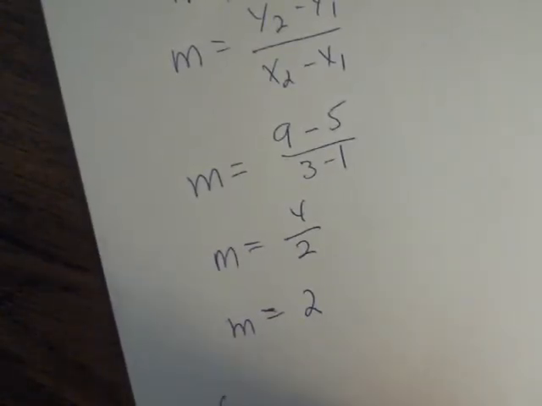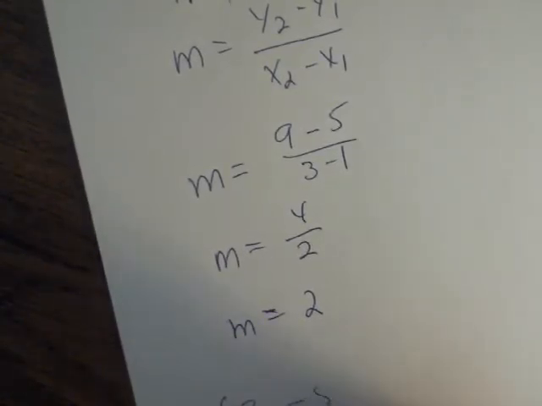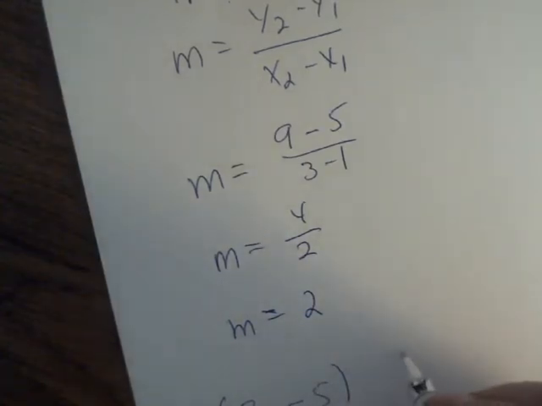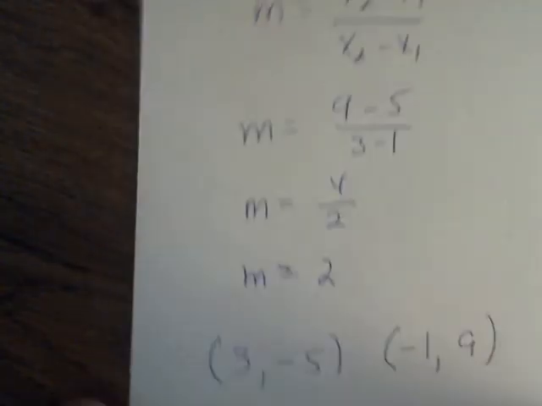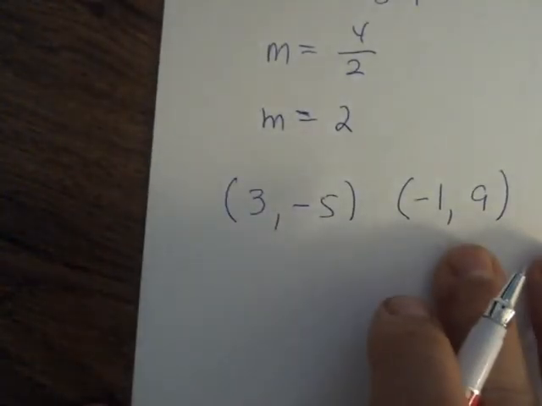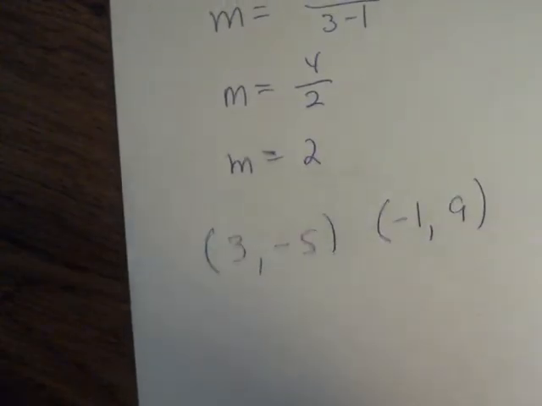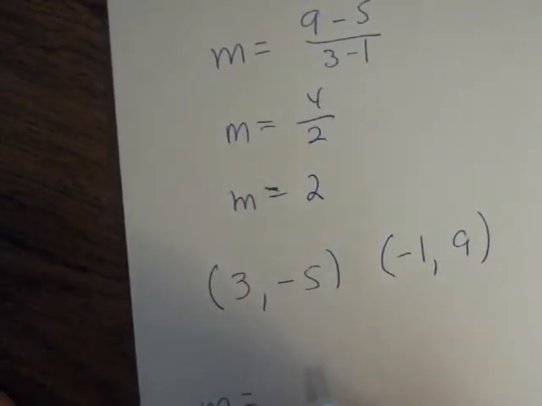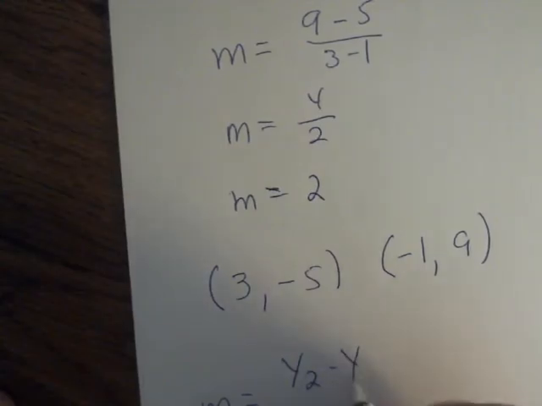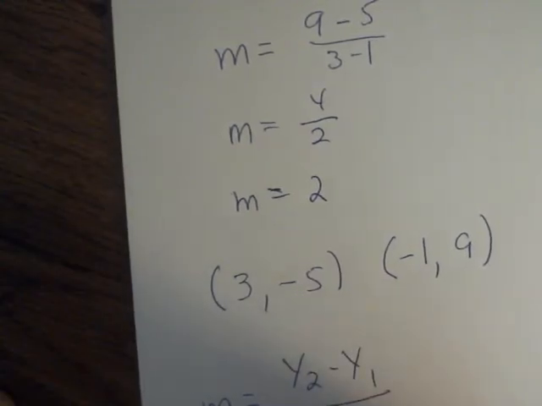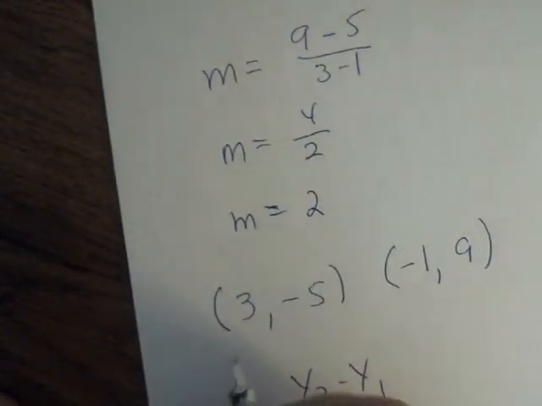So let's look at (3, -5) and (-1, 9). So I'm using the same digits, just different signs. Again, I'm still taking the difference in my y coordinates divided by the difference in my x coordinates.